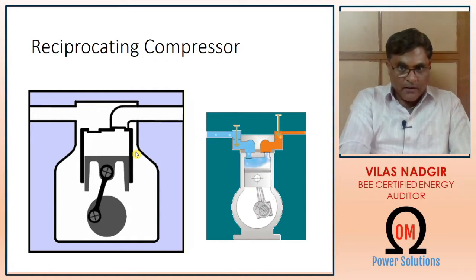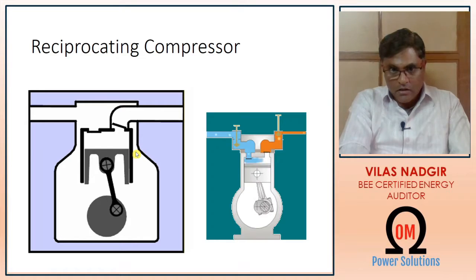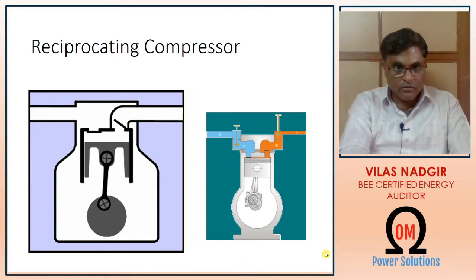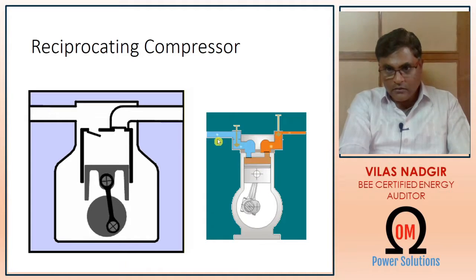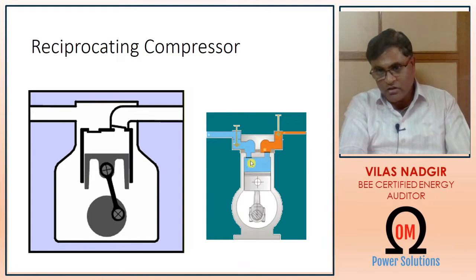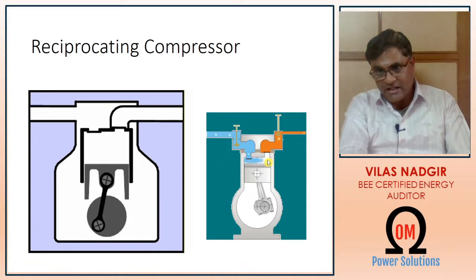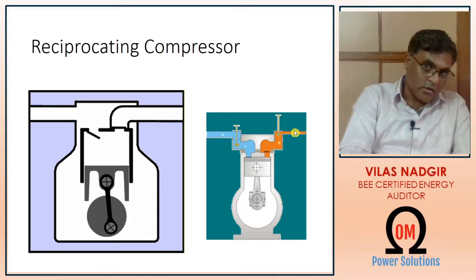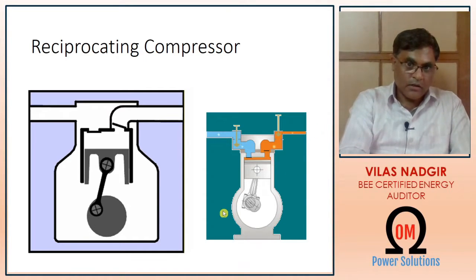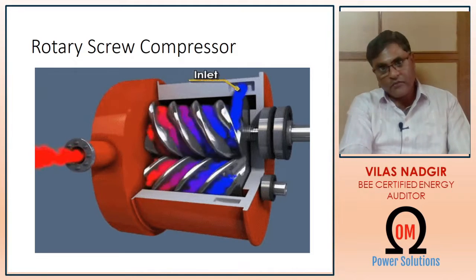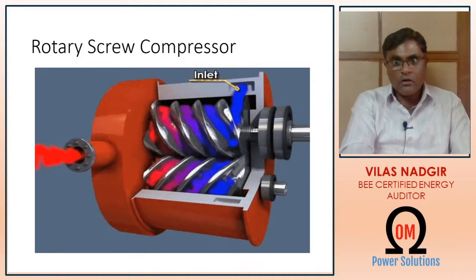If you want to see the function of this reciprocating compressor in fast movement, you can see here where the atmospheric air is fed into the cylinder where it is compressed and the compressed air is going out to the outlet pipe.